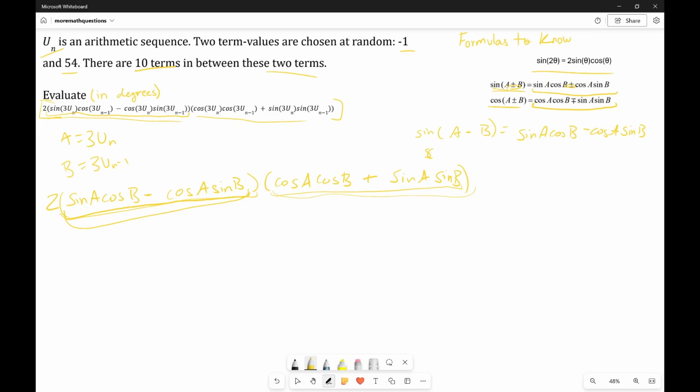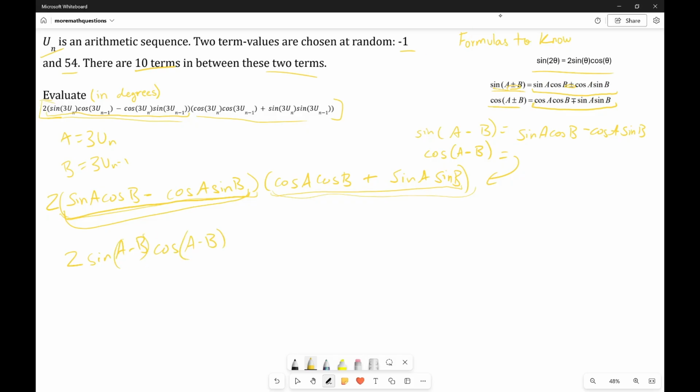So we want to use cosine a minus b, and it's equal to this thing right here. Okay, so let's substitute that. We have 2 sine a minus b cosine a minus b.